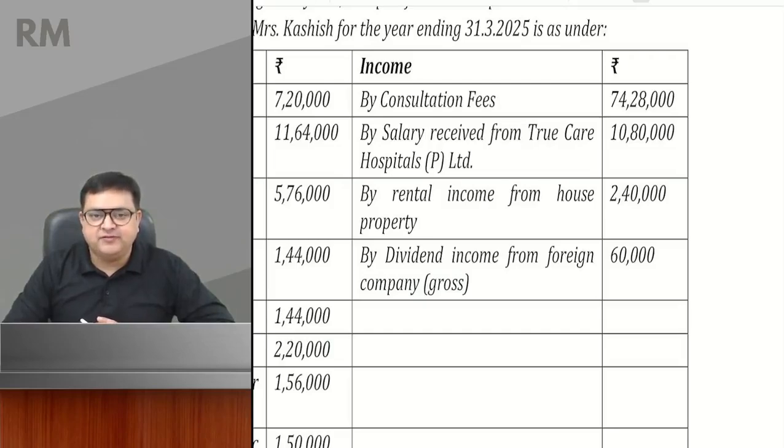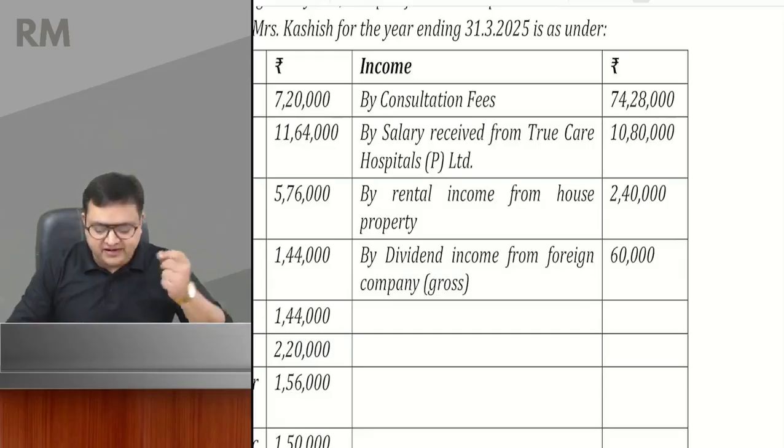Out of 5 heads, what type of income is it? Salary. Correct. She's working with some company, isn't she? She's getting income from salary. Correct. So this is salary income.